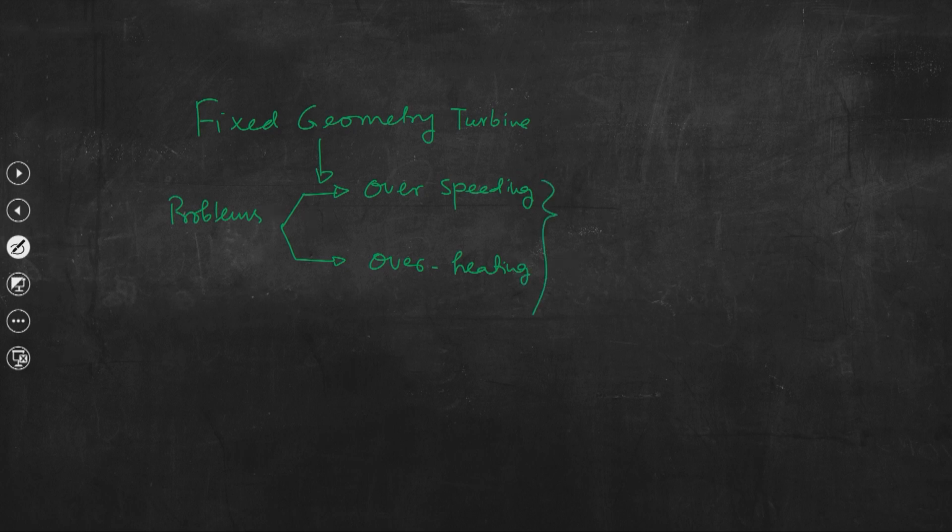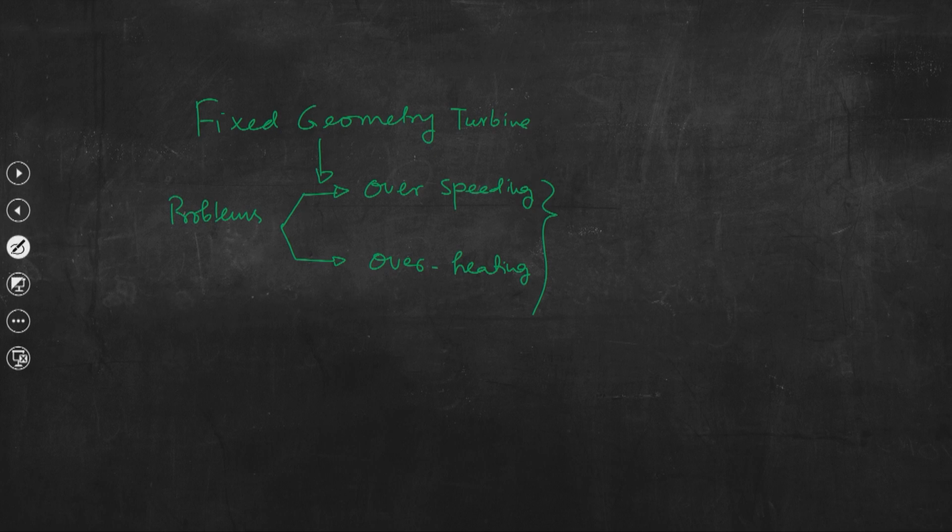Even knowing these two different problems are there with this turbine, if we need to use this particular turbine in a turbocharging unit, then we need to have some mechanism to control these two to the extent possible.